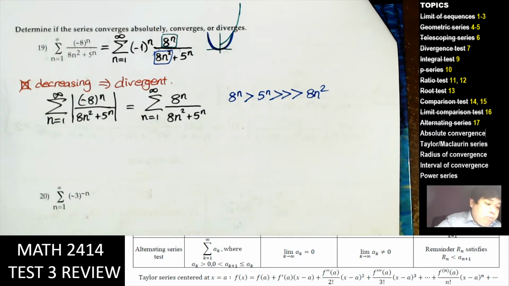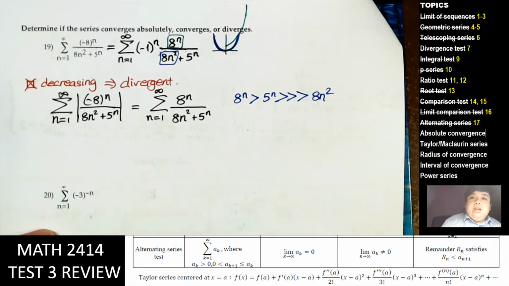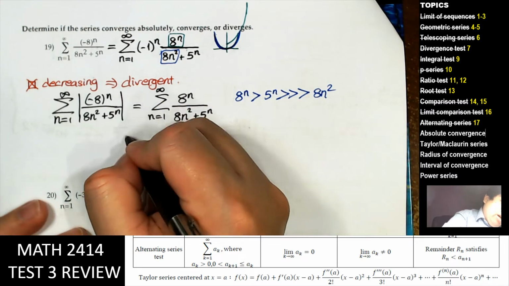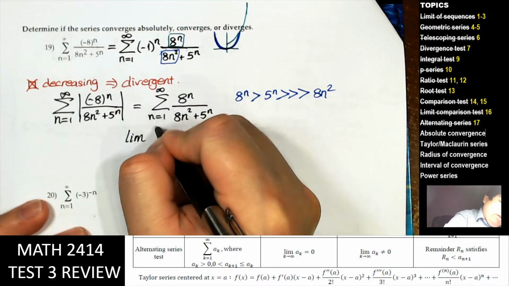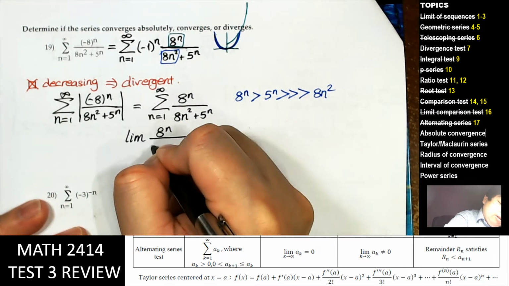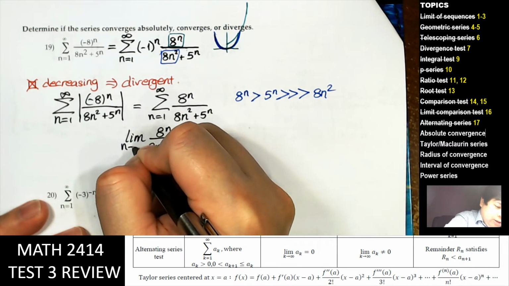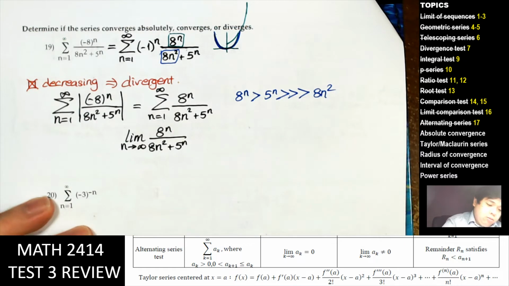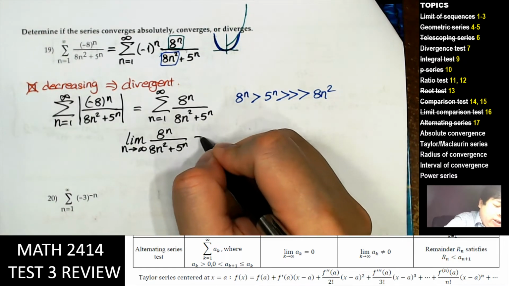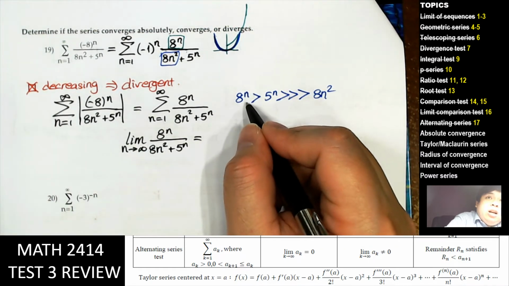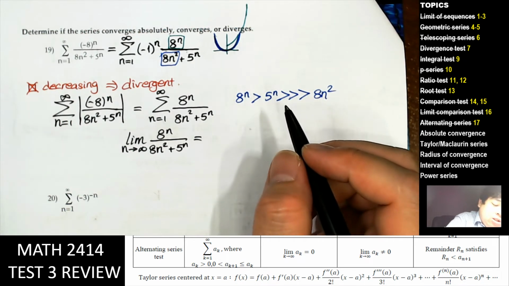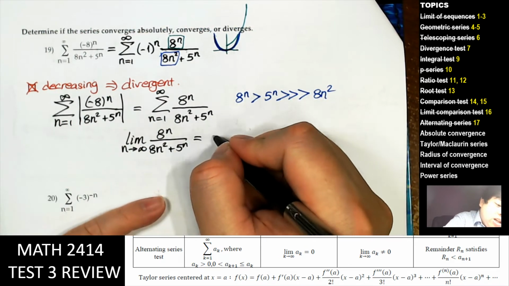Right, so what I'm going to do now is just the divergence test, because now if we take the limit of this term when n goes to infinity, those two terms are a lot bigger than 8n^2, so we just ignore that.